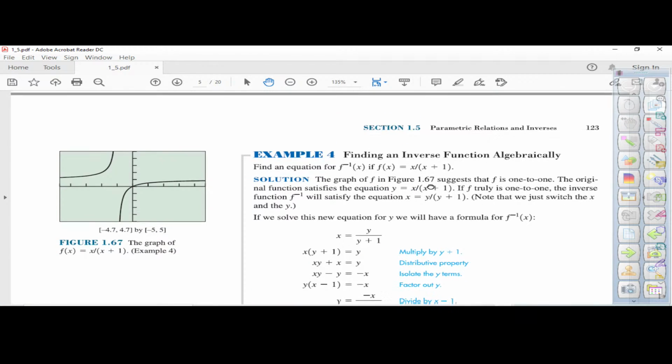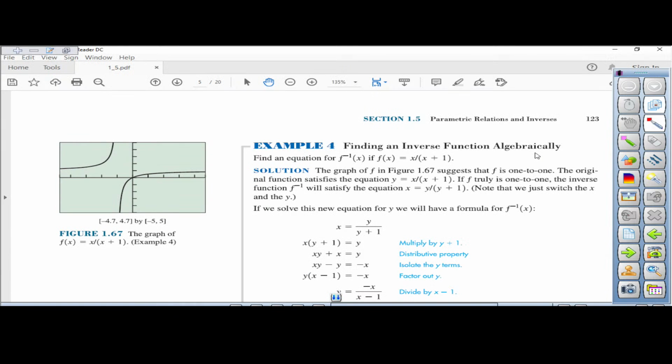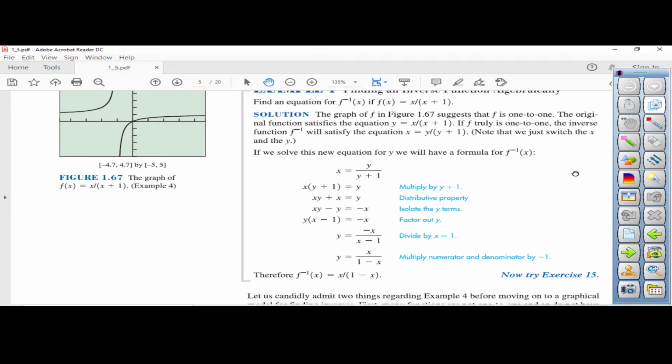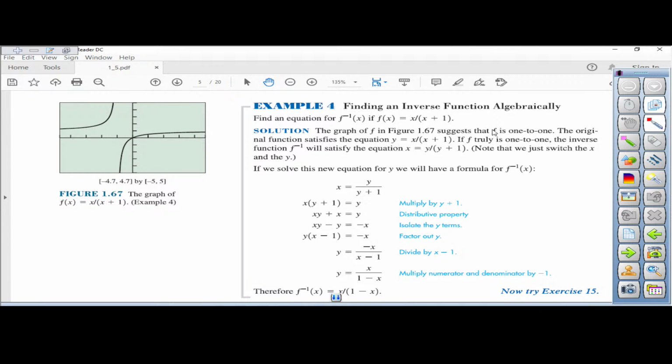The first method to find out if you have an inverse function is to do it algebraically, and we're going to spend time here. There are 3 different methods to find the inverse, and one of them is algebraic. That's method number 1.